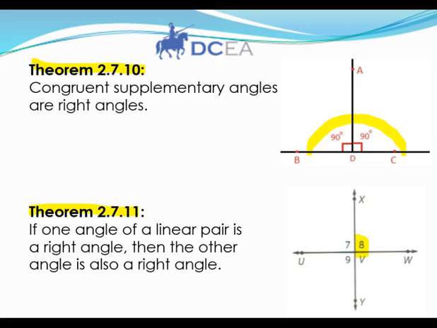If angle 8 is a right angle, and let's go ahead and draw that in there, looking at these angles up here, you can see that angle 7 would also have to be a right angle. And consequently, angles 7 and 9 would both have to be right angles, and these two angles would also be right angles.